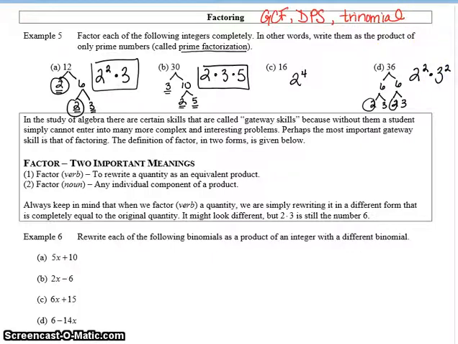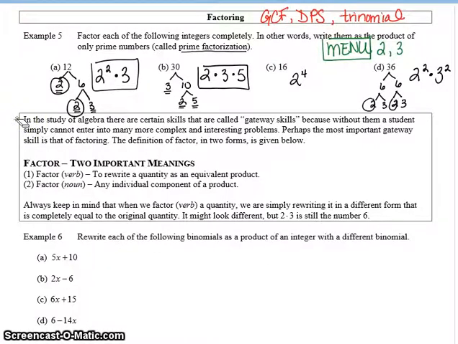The shortcut on your calculator is to hit menu, 2, and then 3 says the word factor. So menu 2, 3, and you put in any of these numbers. If you're doing part A, it says factor in your calculator screen, and then you put in 12, so it says factor 12. You hit enter, and it gives you 2 squared times 3. That's pretty awesome as well.